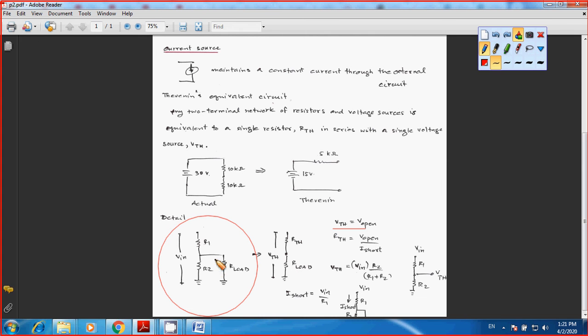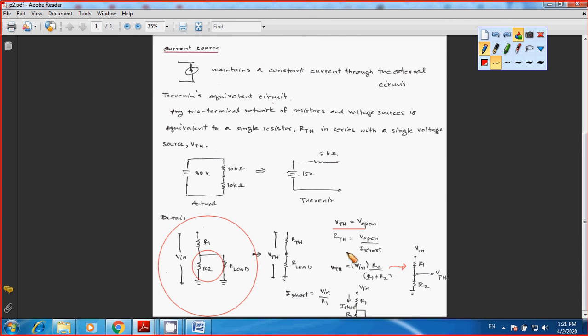Your V open is going to be equal to V out, or the voltage drop across your R2. By applying the voltage divider equation, you get VTH equal to the supply voltage, V in, multiplied by R2 divided by R1 plus R2, and that corresponds to the circuit.